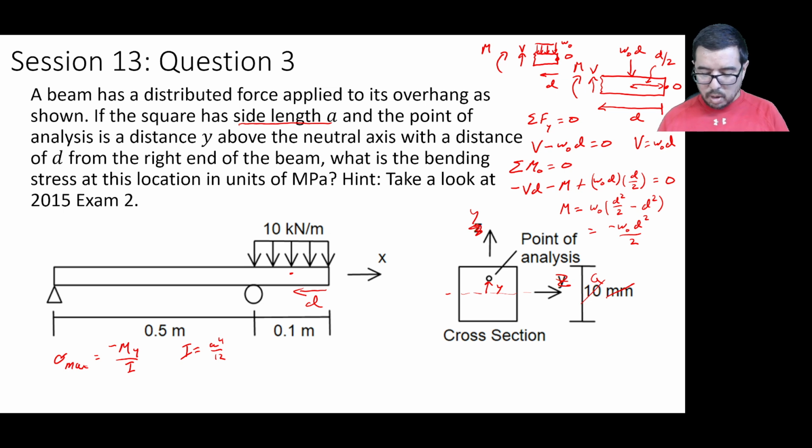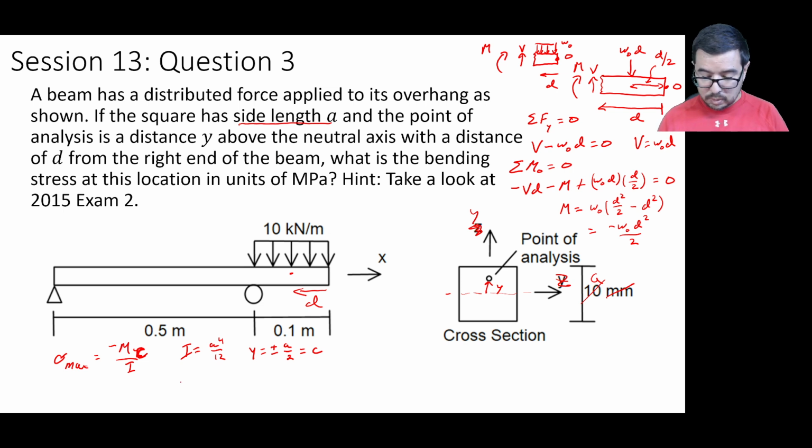So we'll say that y will be equal to plus or minus a over 2. Sometimes you might just write, instead of minus My over I, you just write Mc, and that's really c there. And we calculate out what M is.